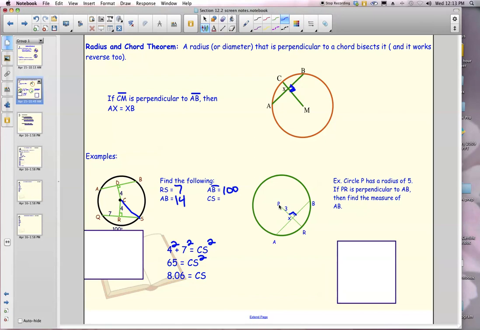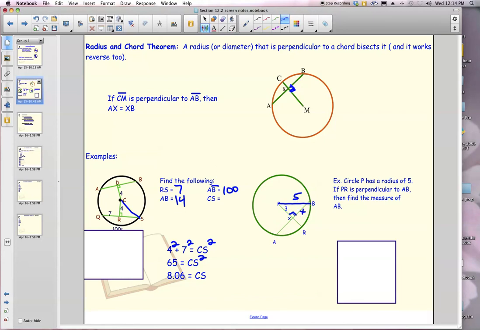But if I can create a right triangle with this right angle, and I know that that's a radius, so it would be 5, I've now created a right triangle of which I know 2 sides. So I can find the third side by using the Pythagorean theorem. So I would set up 3 squared plus x squared equals 5 squared. Now remember, my ultimate goal is to find the length of AB.